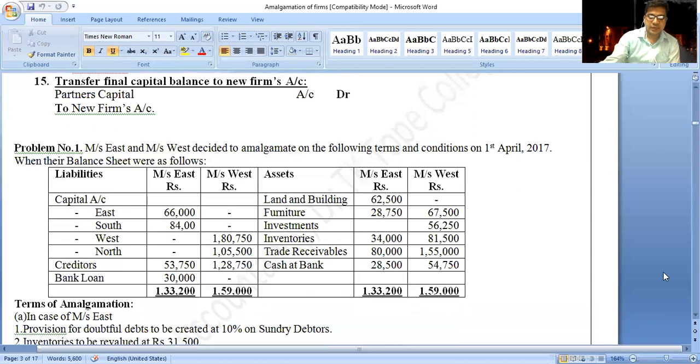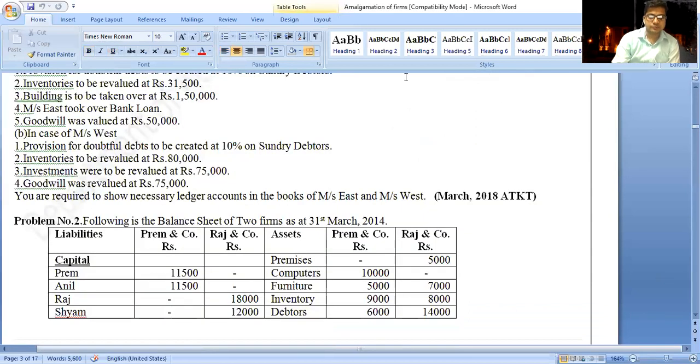We will discuss Raj and Company's assets only, because Payment Company's assets we already studied. They have the assets of premises, furniture, inventory, debtors. These are the assets.